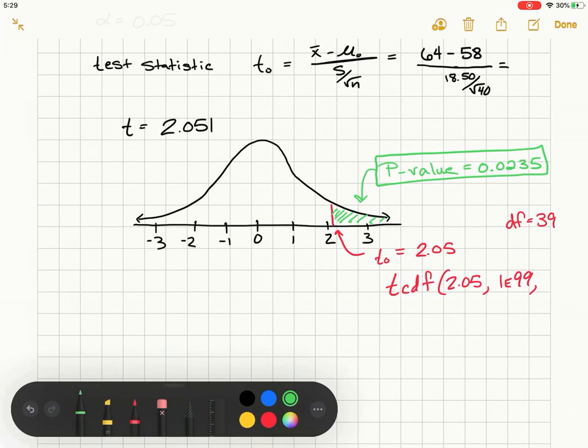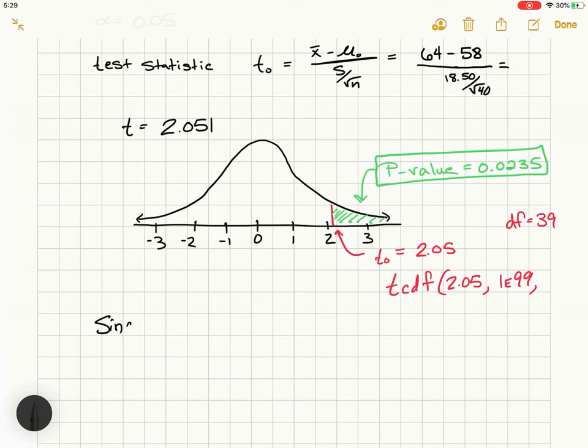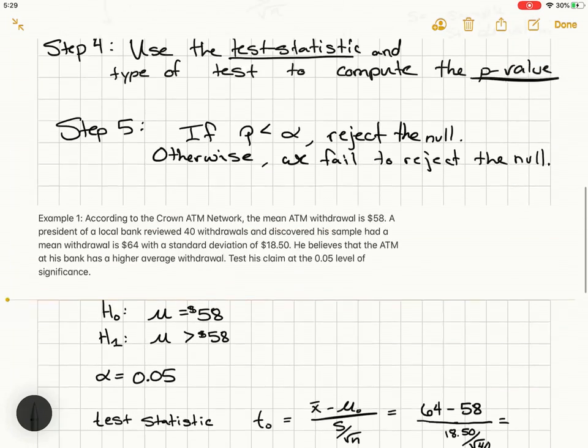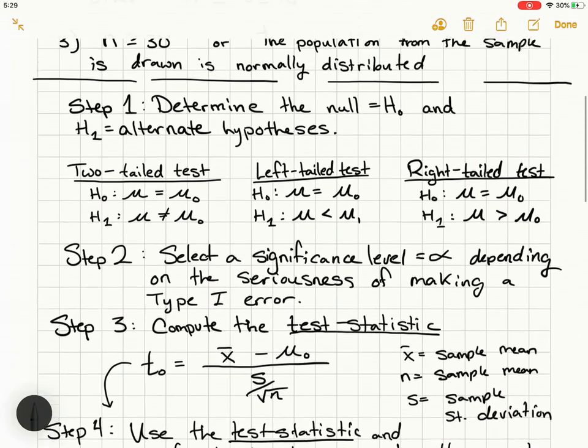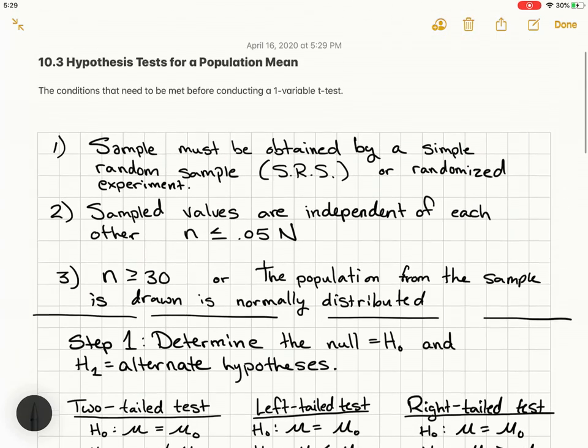So let's see what happens here. Our conclusion is, since our p-value is less than alpha, we go ahead and reject the null. Go back up and let's see what that means.